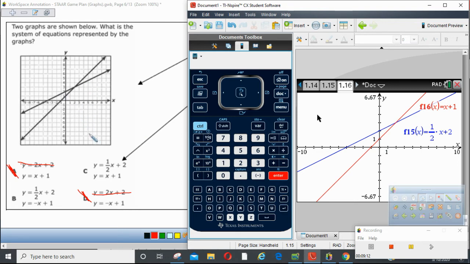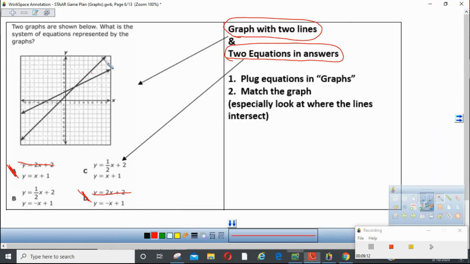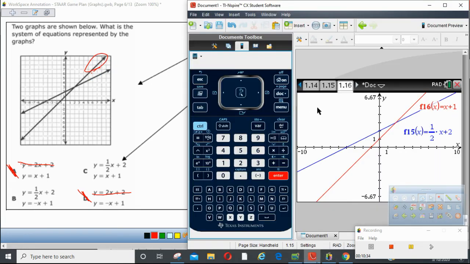Now, it may not match perfectly because you can see this is going up to 10, this is only going up to 6. This line right here goes a lot further than this one does. But in general, this part right here does appear to match. We can see it crosses the y at 2 and 1.